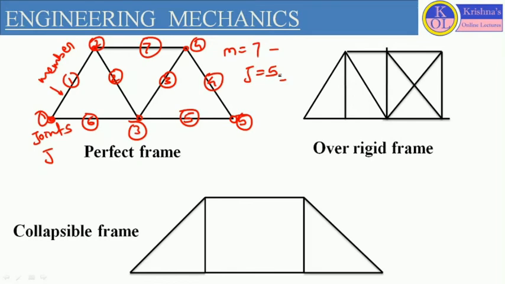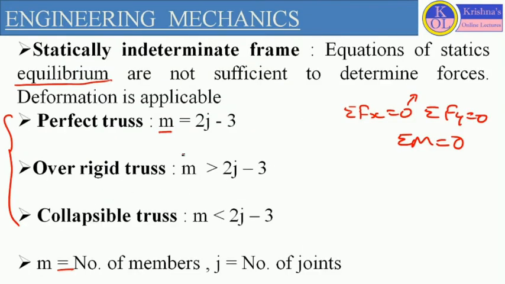Now how can we determine the type of truss with the help of the number of members and the number of joints? If we talk about the perfect truss, it is based on the equation m equals 2j minus 3, where m is the number of members and j is the number of joints. If this equation is satisfied, that particular truss will be the perfect truss.